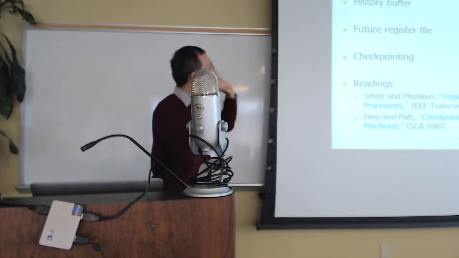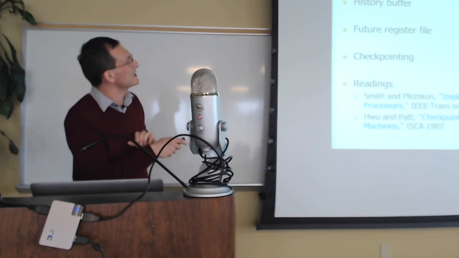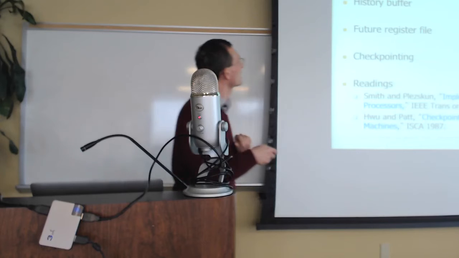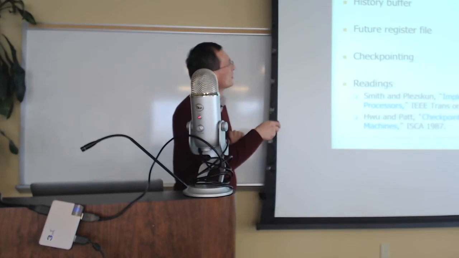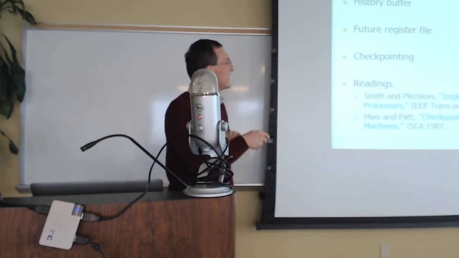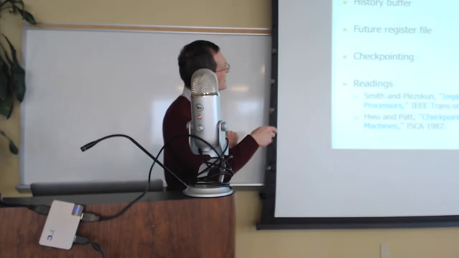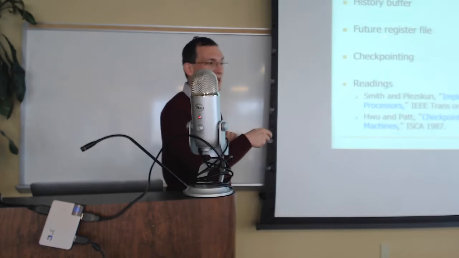Just to give you a reminder, we talked about maintaining precise state. I'll briefly cover this and finish this. There were 4 methods of doing this: reorder buffer, history buffer, future register file, checkpointing. Existing processors actually employ the future register file.